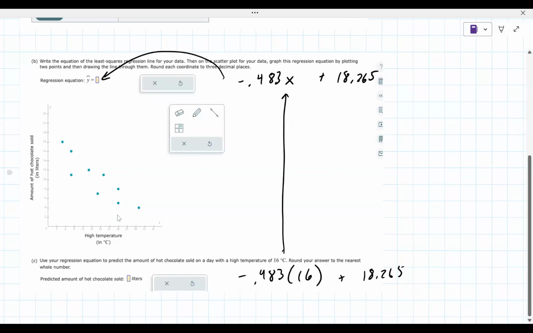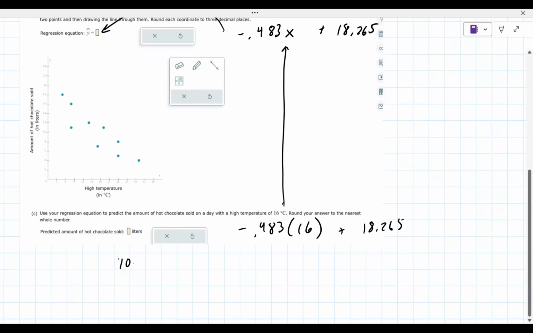So you've got to just put this into your calculator or software. And so I got 10.537. That sounds right. Let me just double check here. Oh, because I'm using the rounded values. Yes, that sounds right.